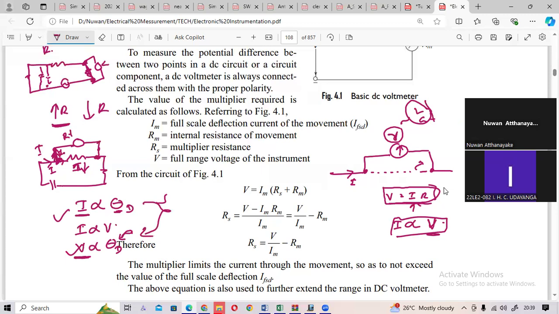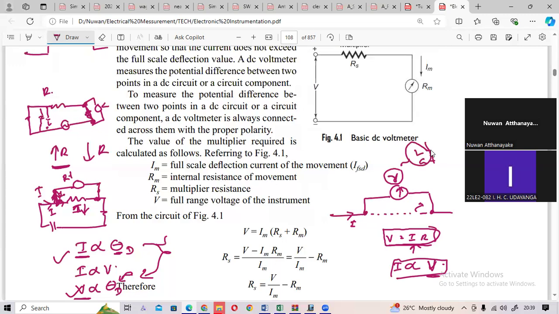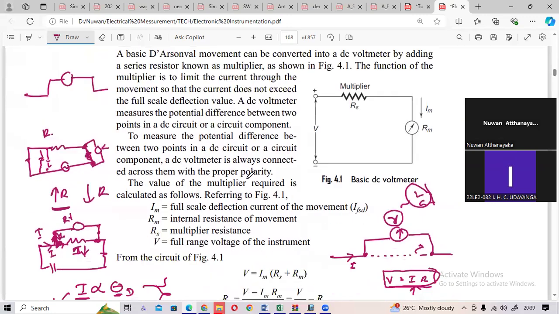Now this resistance is very low, so this is not proper. This is okay for an ammeter, but not proper for a voltmeter, because if this resistance is very low, most of the current will flow through this one. To avoid this, we can connect a series resistance.